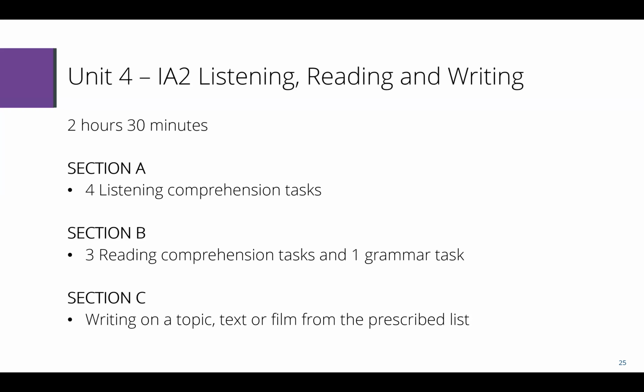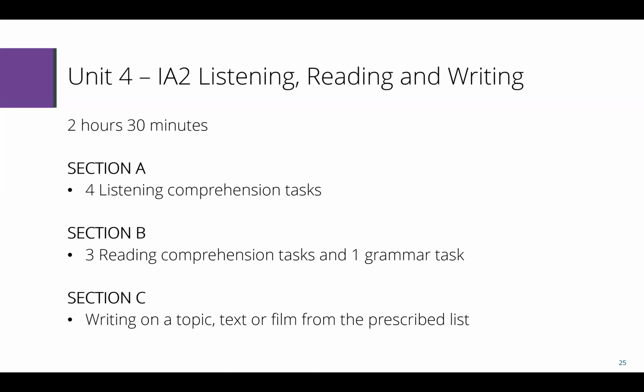Okay, so the final unit then is the IA2, and that's the listening, reading, and writing. As I mentioned to you before, that just mirrors to a certain extent the similar unit in Unit 2. So you've got an example of Unit 4, and you'll see that it follows pretty well, if not exactly, the same structure.